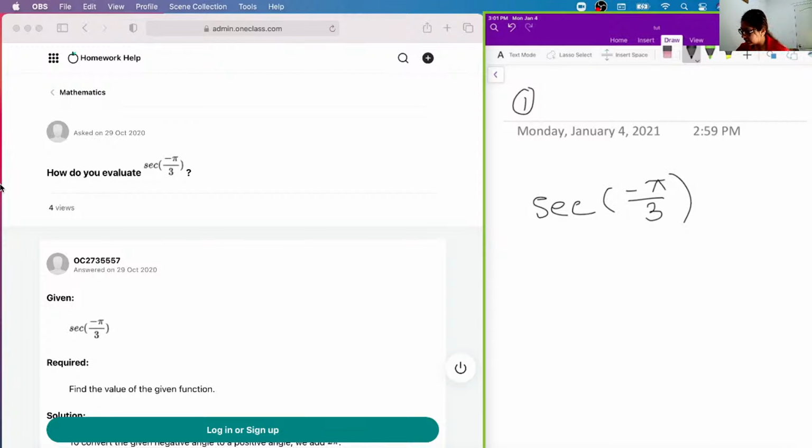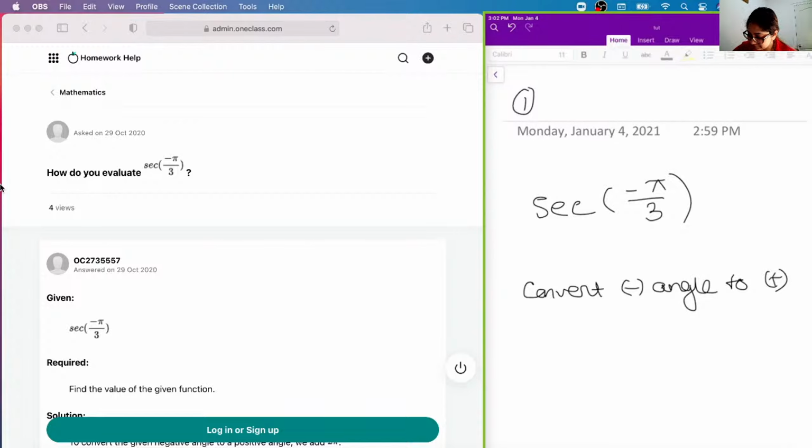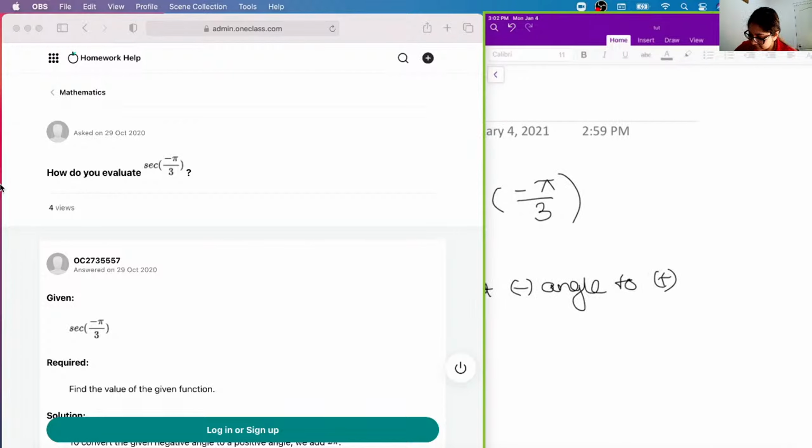Since we have a negative angle, we need to convert the negative angle to a positive angle. You basically have to do the following.